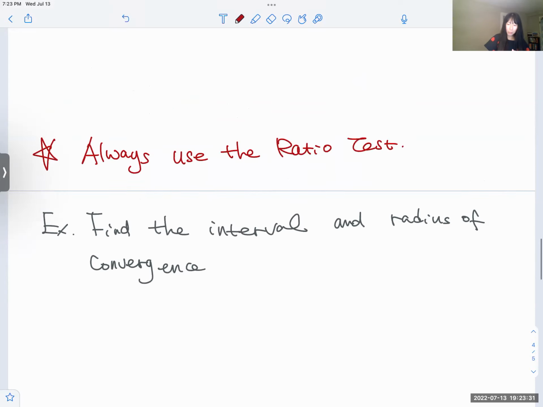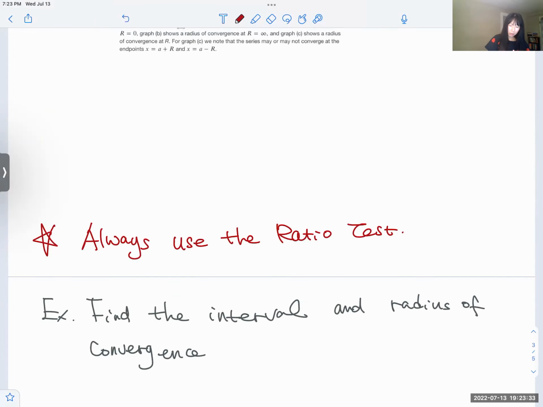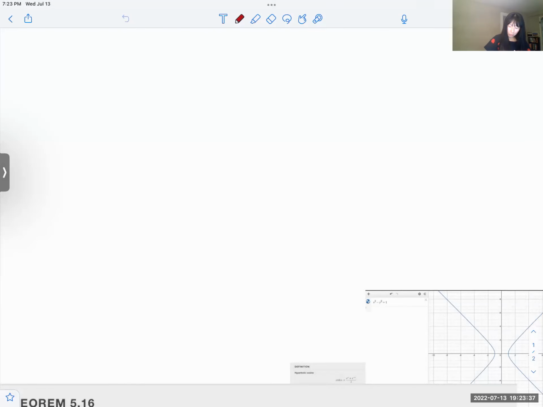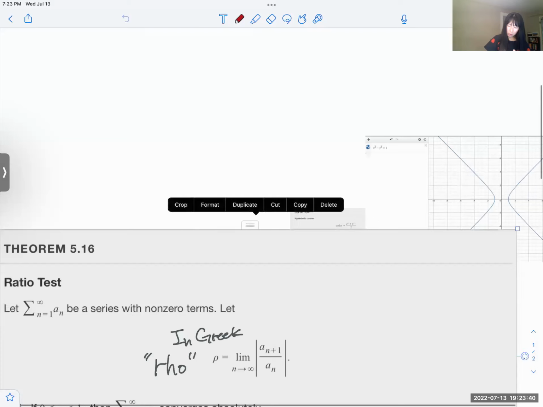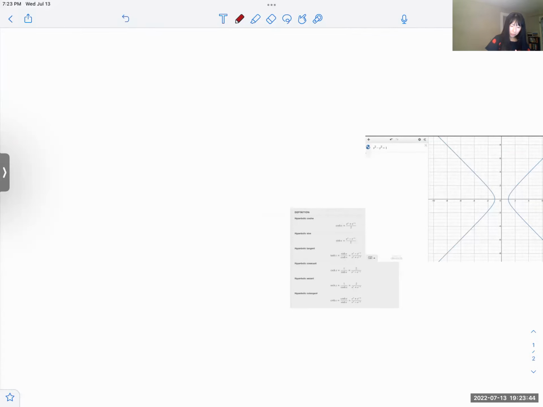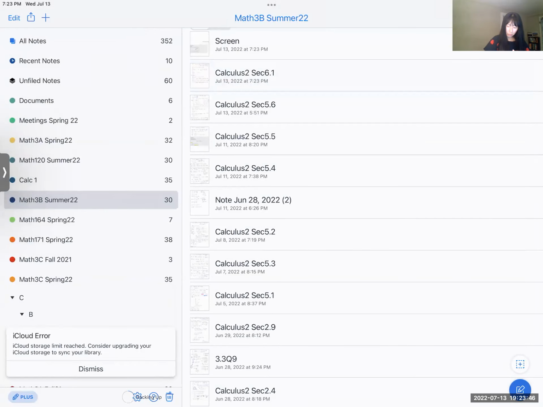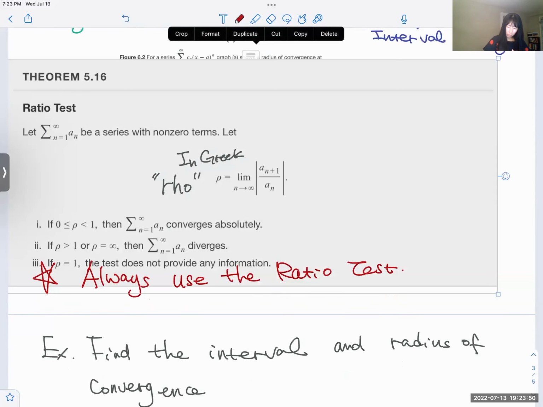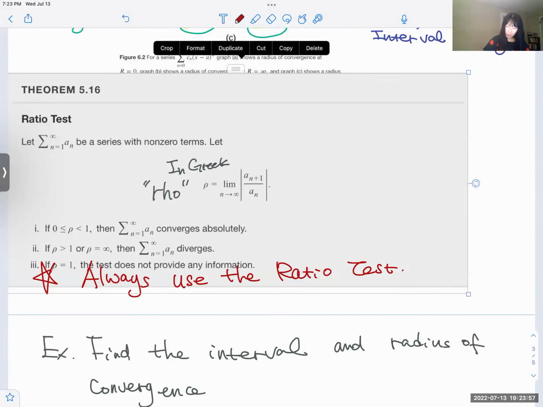Let me bring the ratio test definition here. This is from the last lecture. I want to make it smaller because we went over it already last time.